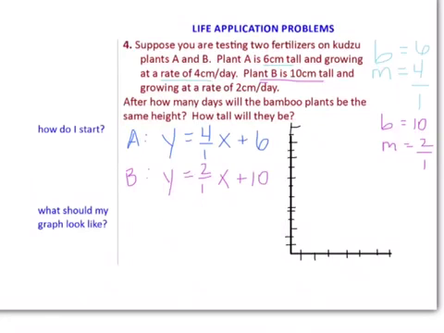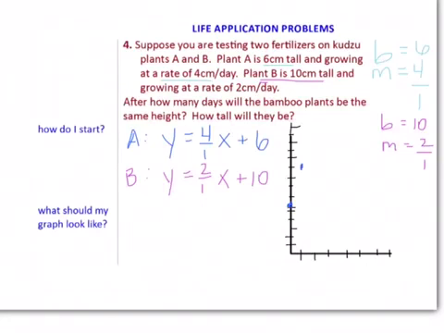Yours is probably a whole lot neater, but you're not using your finger, haha. So if I begin at 6 and I go up 1, 2, 3, 4, 5, 6, that's where I begin for plant A. Well, my slope is 4 over 1, so I go up 1, 2, 3, 4 over 1.